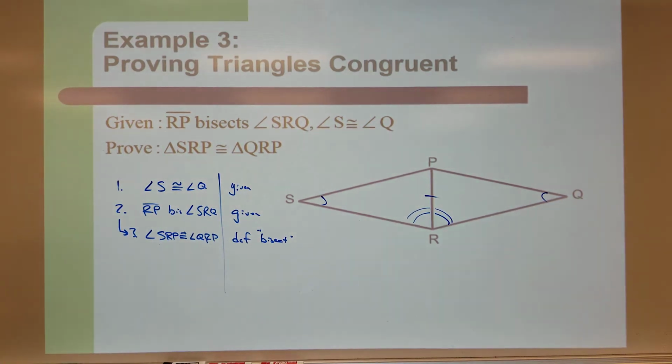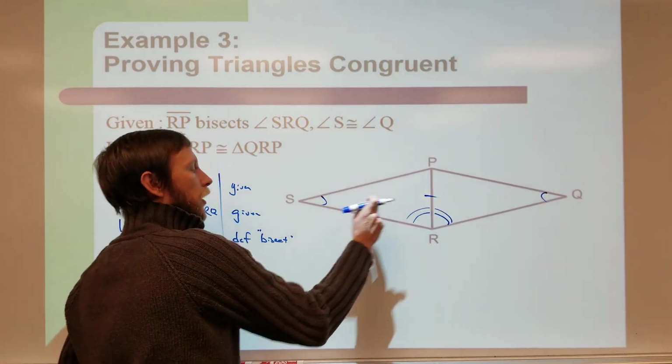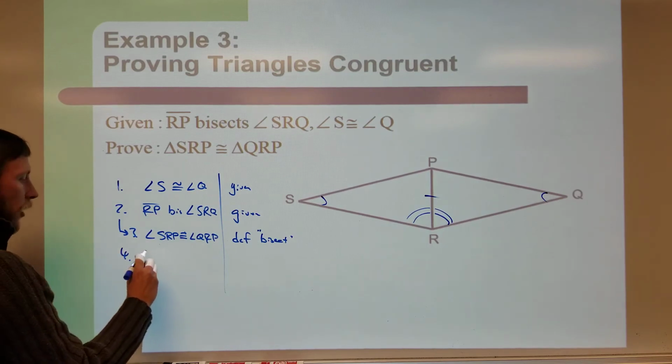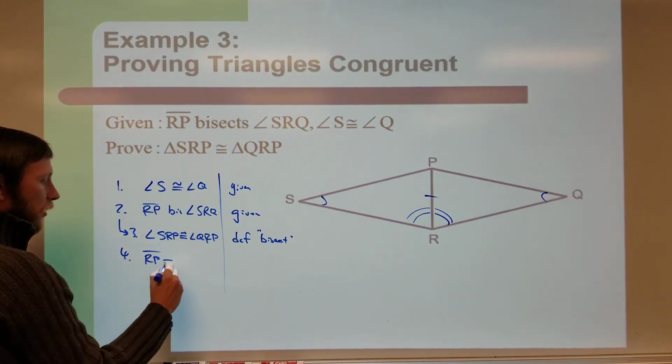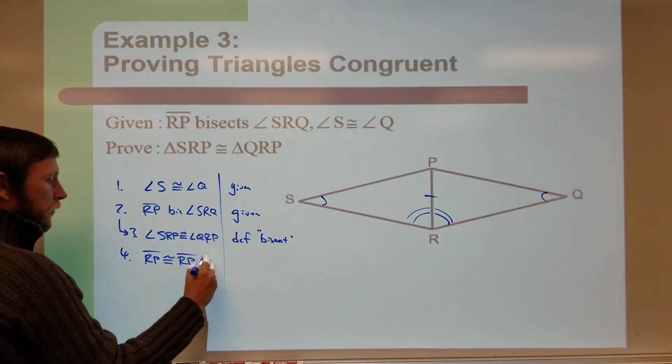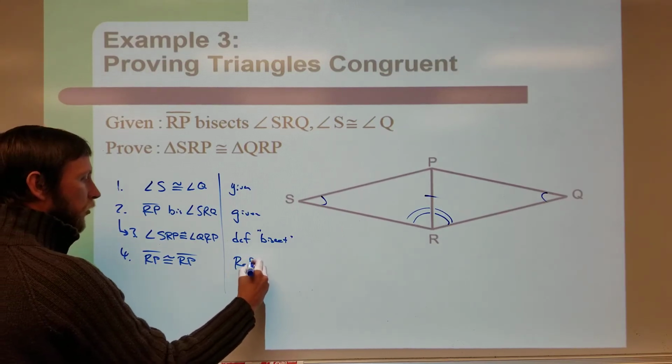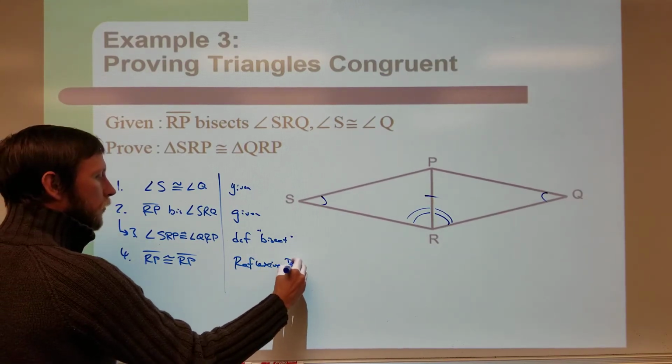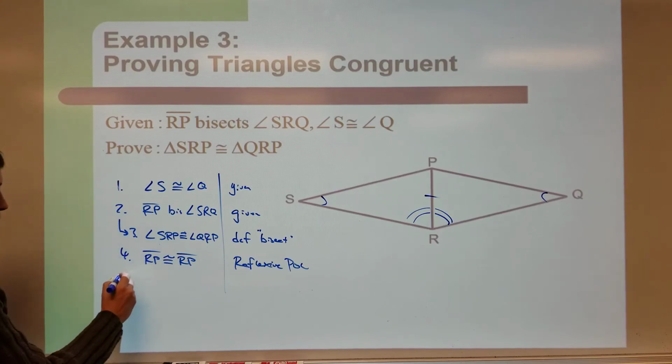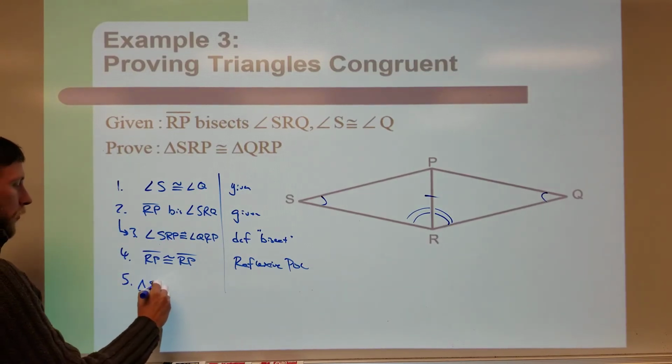Because that angle is bisected, it is cut into two congruent parts. And finally, step four, segment RP is congruent to itself by the reflexive property of congruence. Therefore, our triangles are congruent.